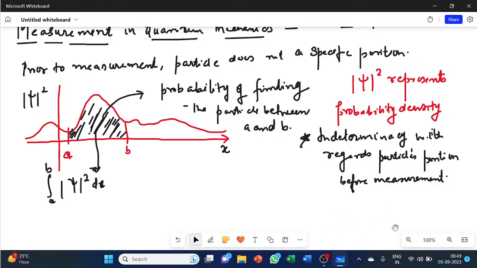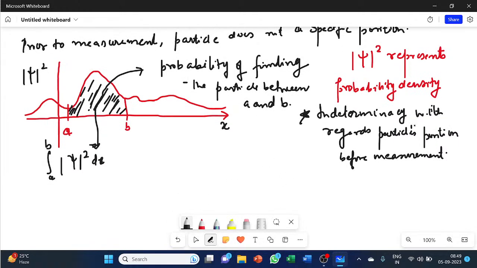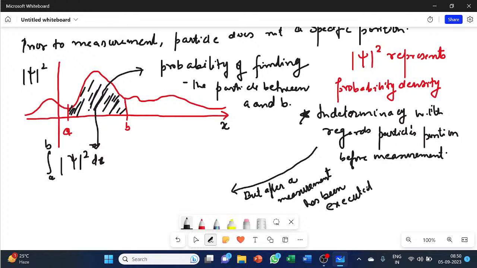Okay. So I'll write it here. There is an indeterminacy with regards to a particle's position before measurement, but after a measurement has been executed, there is a specific result.